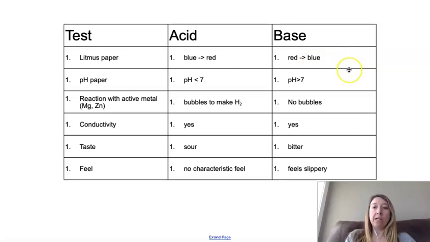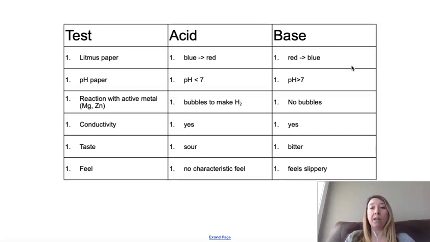The one thing to point out is we also obviously have neutral solutions, right? And right now this table just has acids and bases. But if you think about a neutral solution, if I dip blue paper in it, it's going to stay blue, and if I dip red paper, it's going to stay red. So anytime you see that the paper doesn't change colors, that doesn't really tell you what something is.